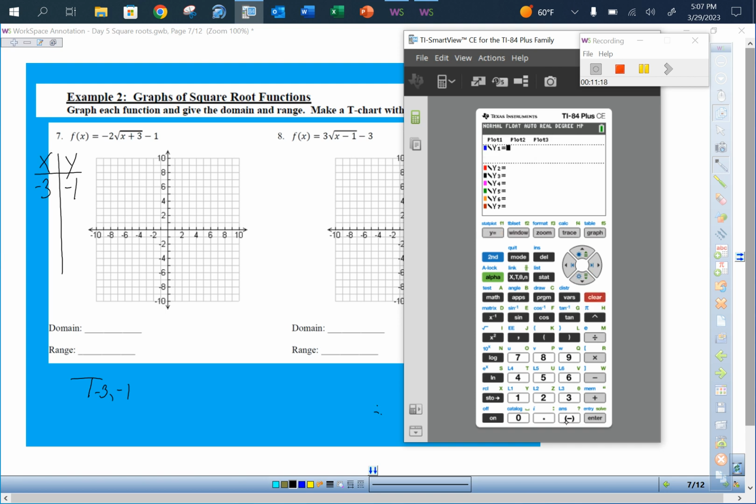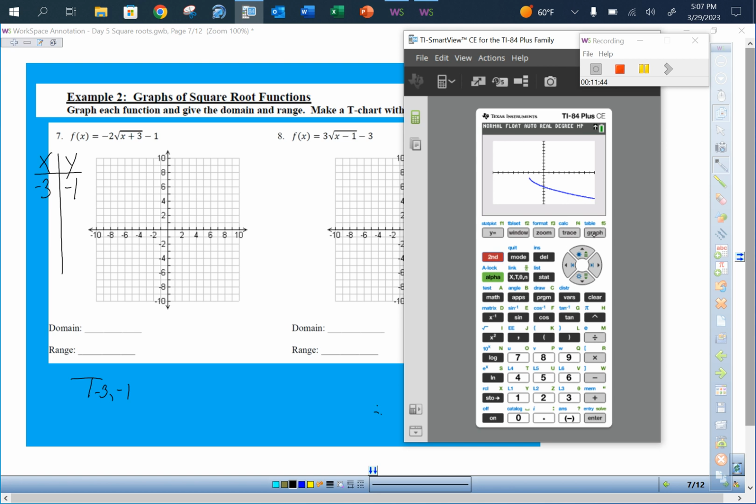Let's grab our graphing calculator, clear that out. I'm going to type in negative 2, second square root, x plus 3, right arrow, minus 1. I'm going to go ahead and click graph. Notice it's opening down. The reason that's happening, the negative out front.